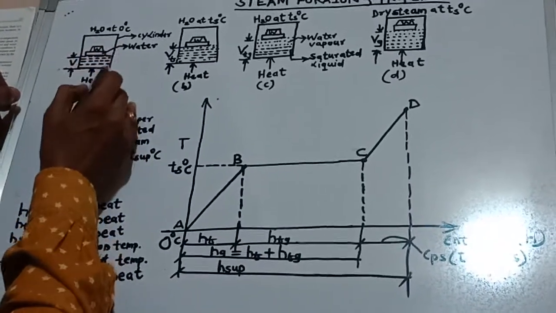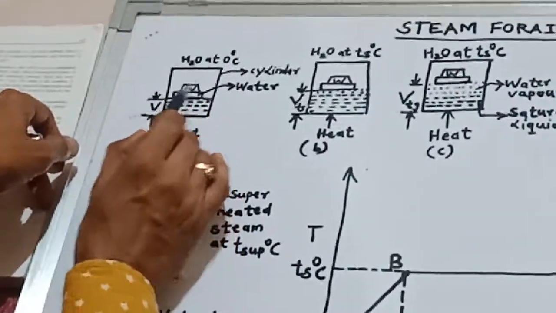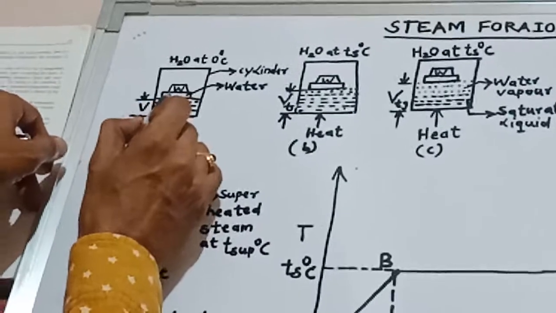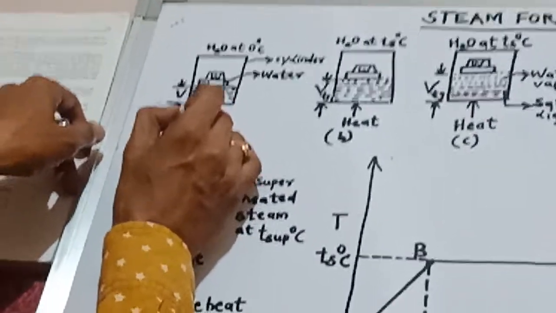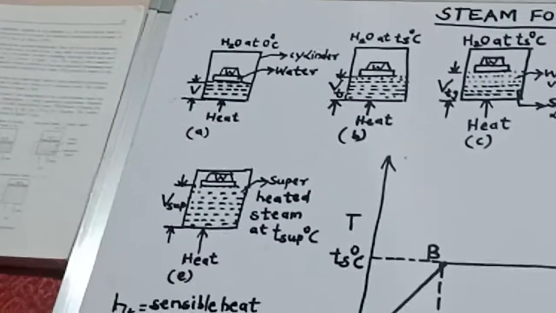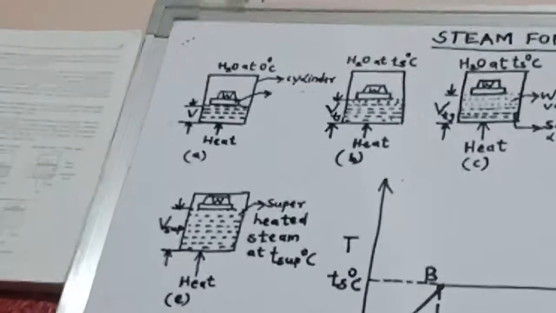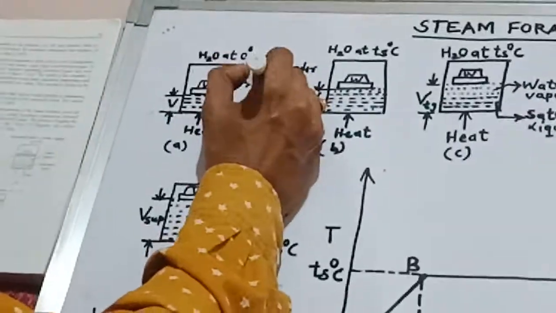this is a container. It contains water at 0 degrees Celsius, and on the water the piston is placed. This is a freely moving piston.